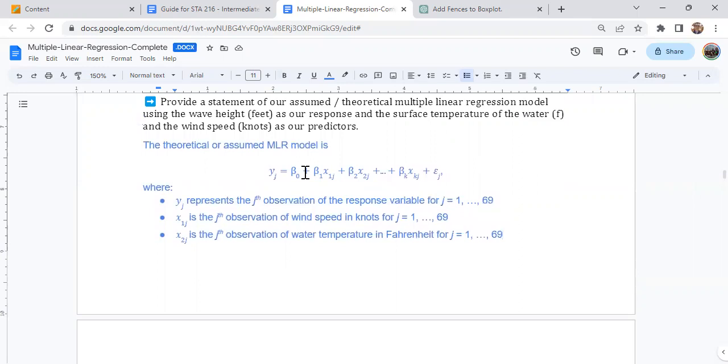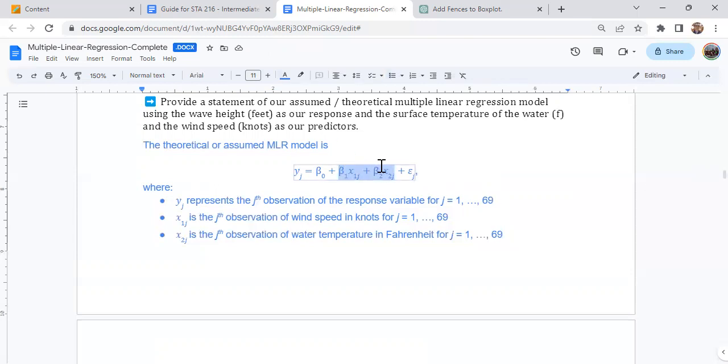And then what should we update in the equation itself up here? Yeah, get rid of the extra, because we only have 2 predictors. Okay. So we want to make sure we get rid of that. That's a common mistake, I think, to accidentally forget to tailor this equation based on the number of predictors.